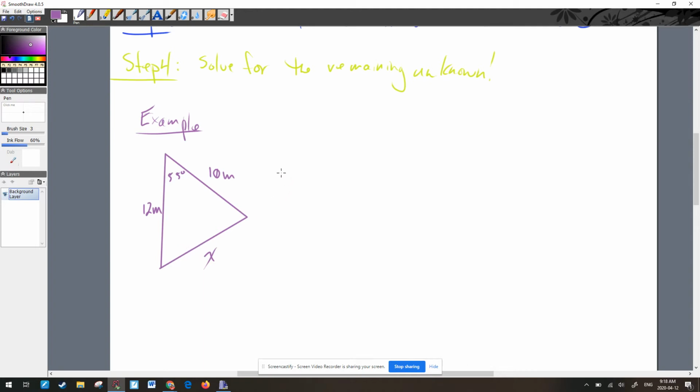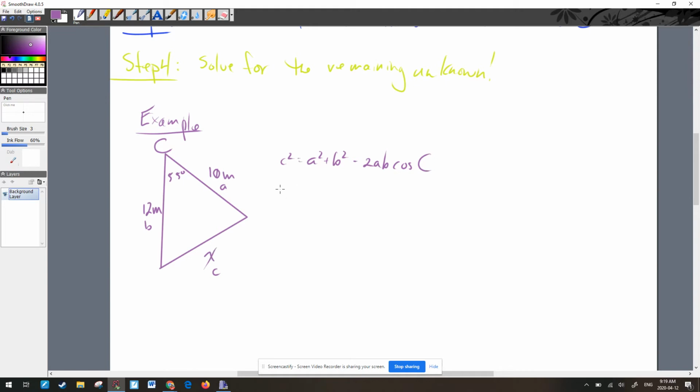So our first step, put our uppercase C on the angle we know or we want to know. Here's the angle we know, and I haven't asked for these other angles, so that's where our C is going to go. Then we label off our sides. This side has to be lowercase c, and this is a, and this is b. So I'm going to take c squared equals a squared plus b squared minus 2ab cosine of uppercase C, and substitute those values in.